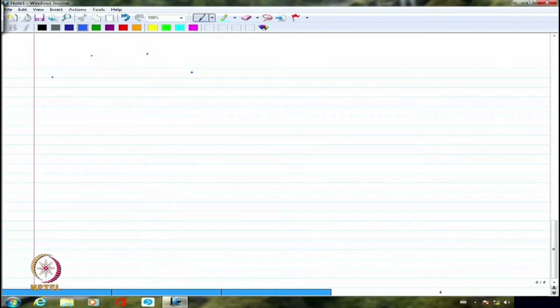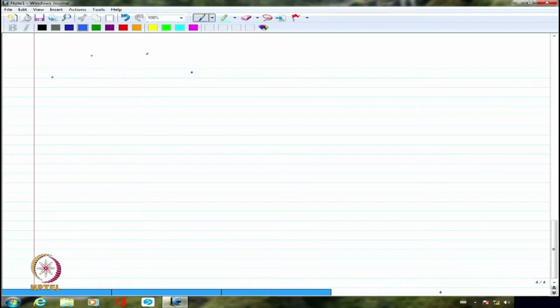If I try to look at how much EMF is induced in this, it will be leading the EMF induced in the next slot by a certain angle. First the flux faces a particular slot, where the north pole is aligning itself. After some time it comes to the next slot, after some more time the next slot, and so on. So each of them gets the peak of the EMF slightly delayed from each other.